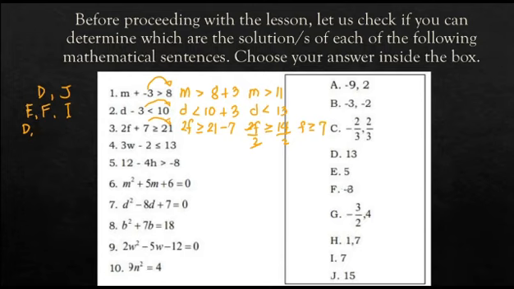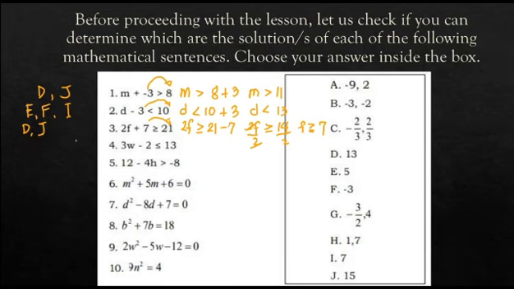And then we have 7, which is I, because we have equal to 7. So all numbers that can satisfy the inequality will be in the solution set. The numbers that we are looking for are greater than or equal to 7. Do we have some more for number 3?